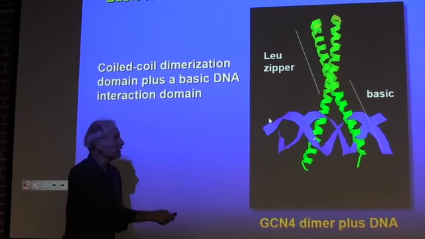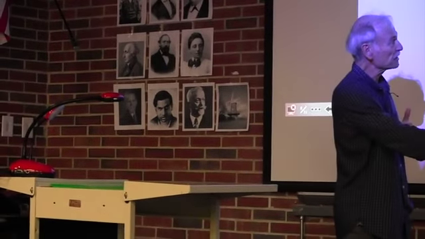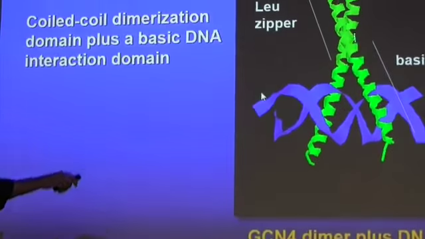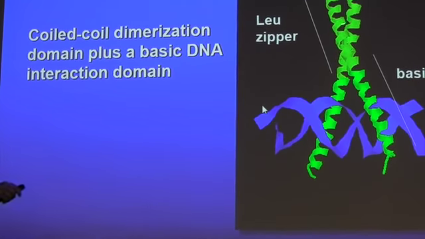Once again, it's a helix sitting in the major groove. It's a dimer, so it's simultaneously reading both sides of the binding site. They come together at the top part as a leucine zipper. They interface and coil around each other because of this narrow strip that's 2 amino acids wide of hydrophobicity, which is how they stick together.